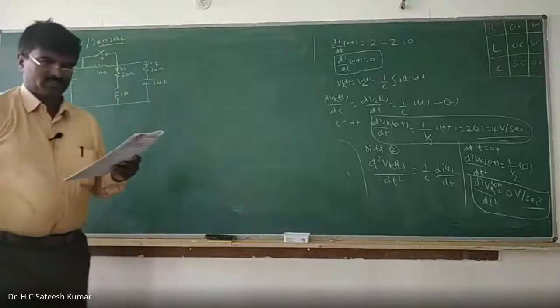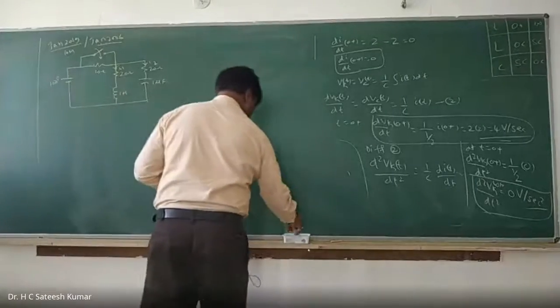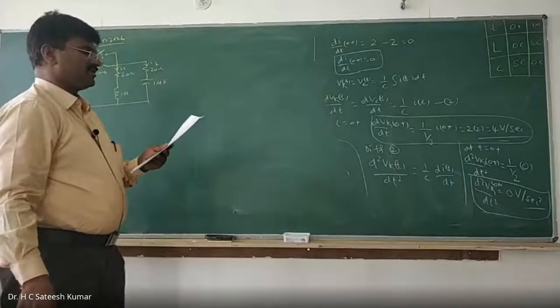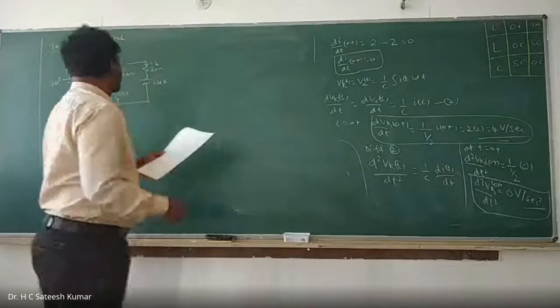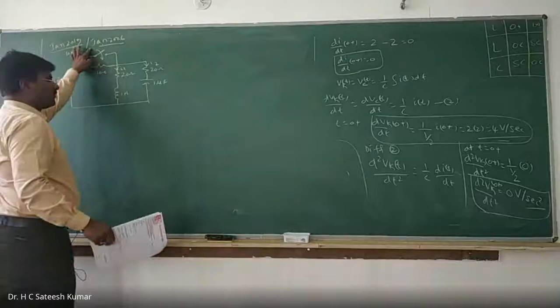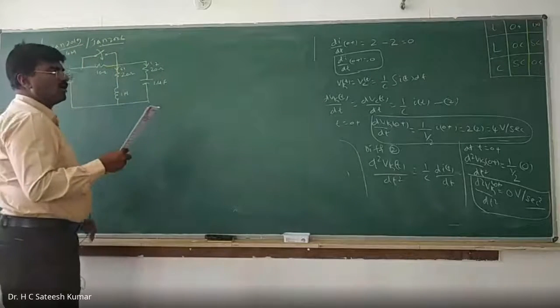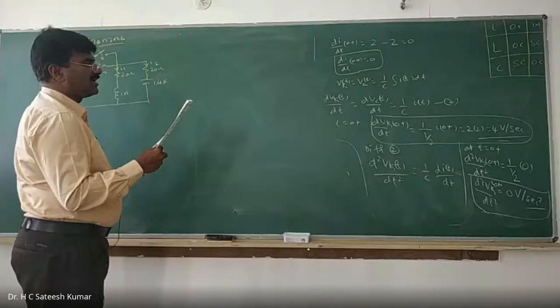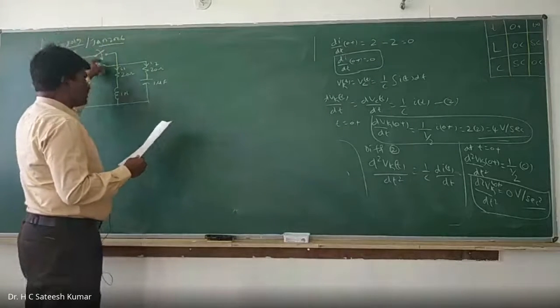The question is like this. In the network shown in the figure, a steady state is reached with the switch K opened. So initially, when it is open, steady state is reached. At t is equal to 0, switch K is closed.